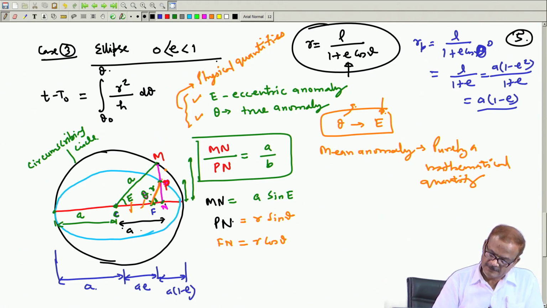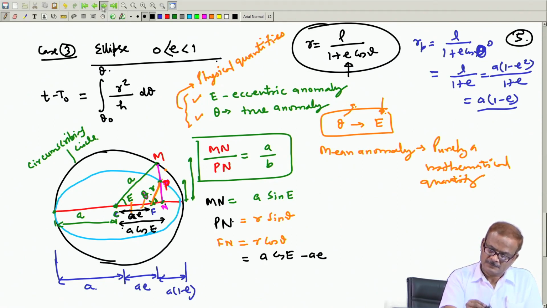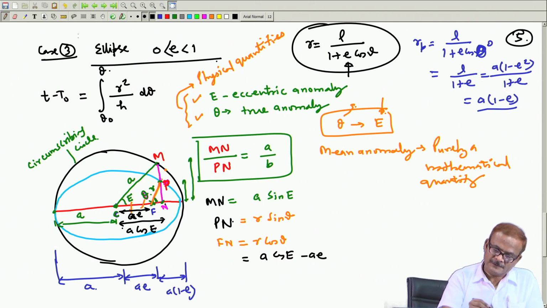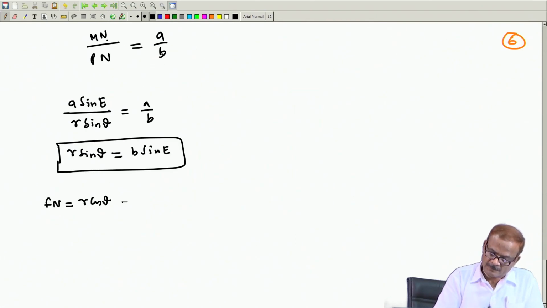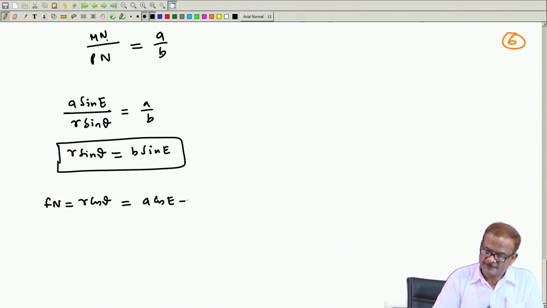This is nothing but a cos E, and also this distance is known to us, which we have written as ae. So, Fn also becomes equal to a cos E minus ae. So, Fn, this is nothing but r cos theta, equal to a times cos E minus e.